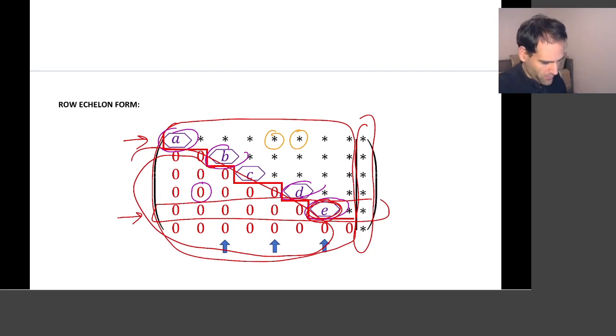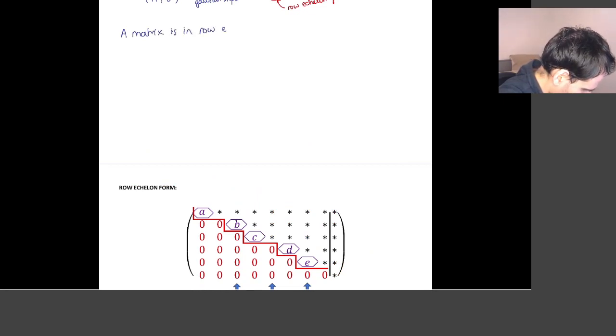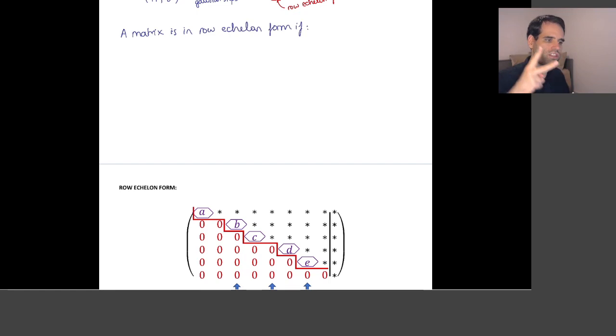So let me rigorously define what row echelon form means. A matrix is in row echelon form if two conditions only, okay?